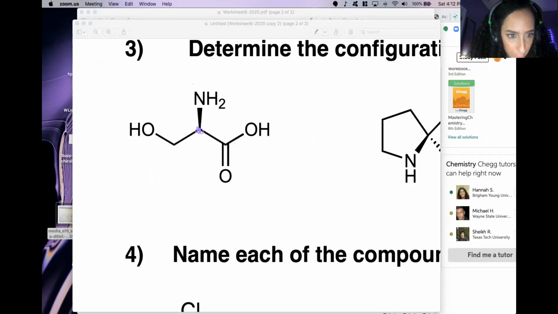And then is that carboxylic acid? Hold up, I forgot. A double bond O connected to an OH is, yeah, it is a carboxylic acid. Okay, one thing I got right.